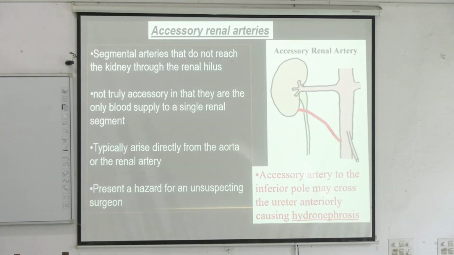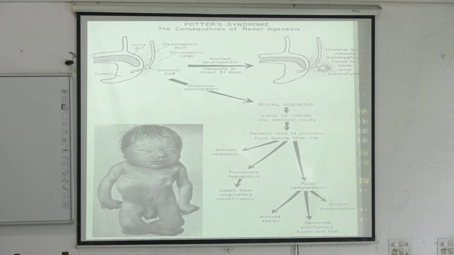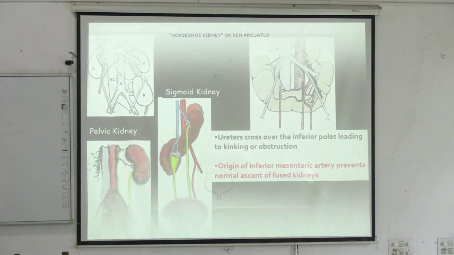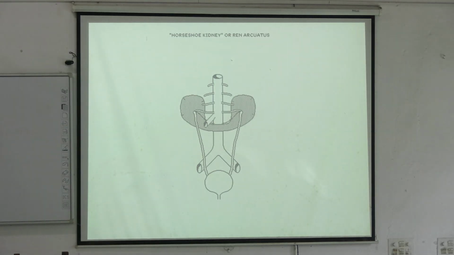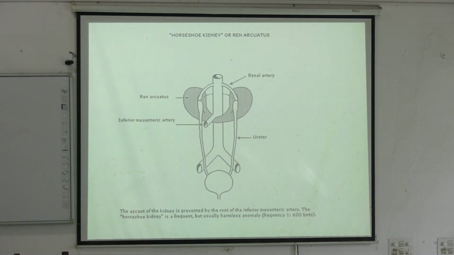Other than this, another problem related to the kidney: as you have seen, there is a right side and a left side kidney. The lower pole of the kidneys originates from the sacral region. So the lower portions of the right and left kidney may have a common fusion, may not have separated out. They remain unseparated like this, and we call this a horseshoe shaped kidney.